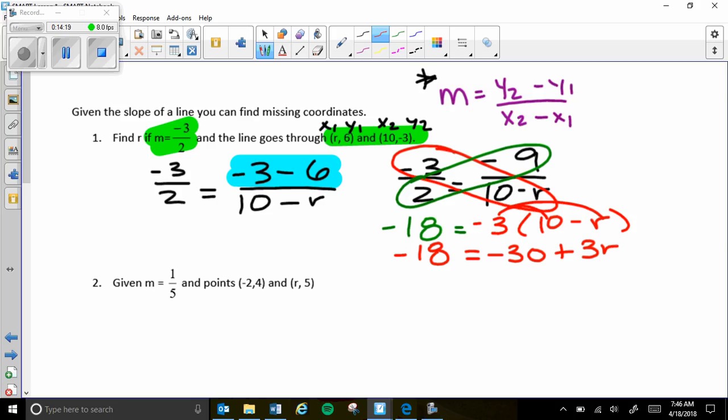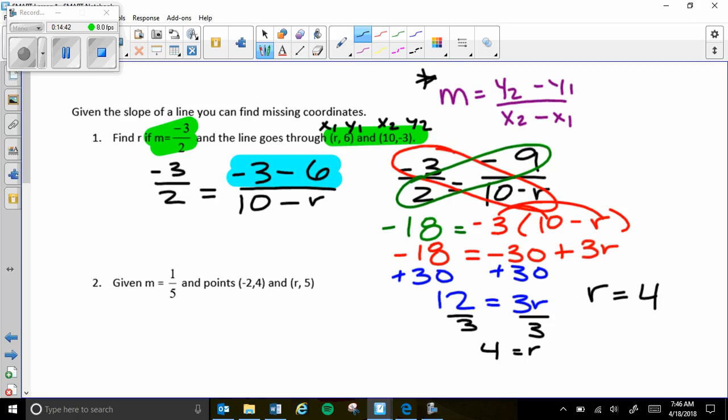Okay, now I need to get r by itself, so I add 30 to both sides. -18 plus 30 is 12. And the last step is to divide by 3. So r equals 4. R equals 4 in that case.